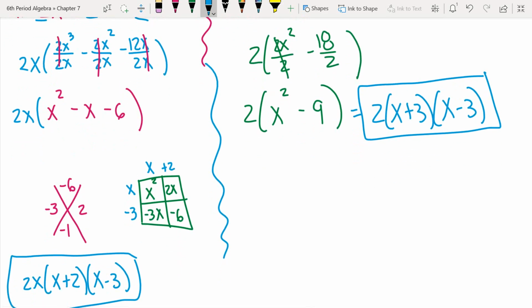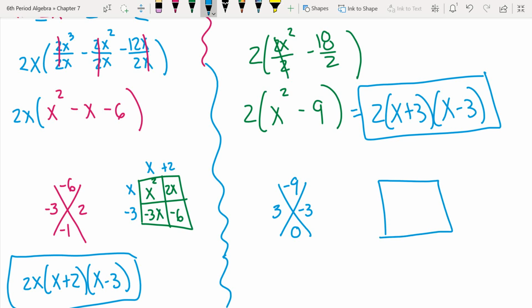if I didn't know my formulas, I didn't recognize this is a special polynomial, I can use whatever method I know to factor x squared minus 9. So if I use my X box, I'd have A times C, which is negative 9, and there is no middle term. There is no B term, so there's a 0. And you'd think what times what multiplies to negative 9, but adds to 0, and that's positive 3 and negative 3.